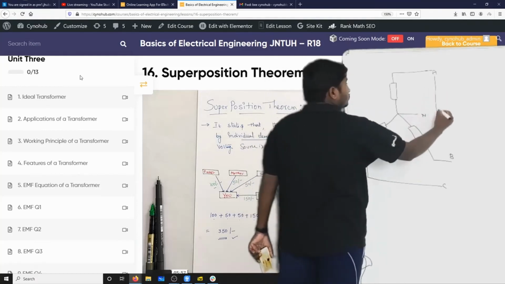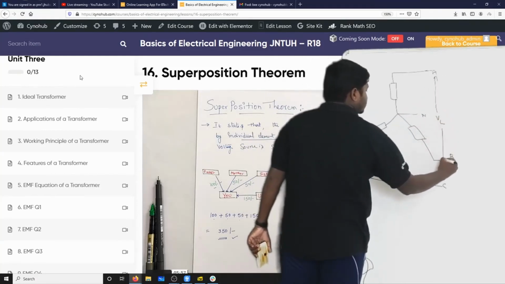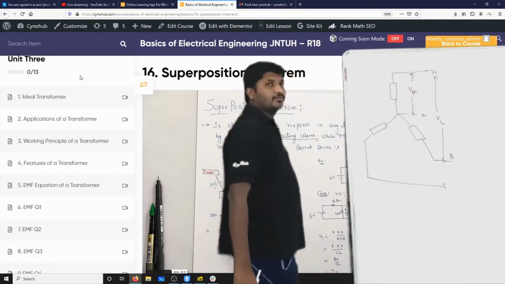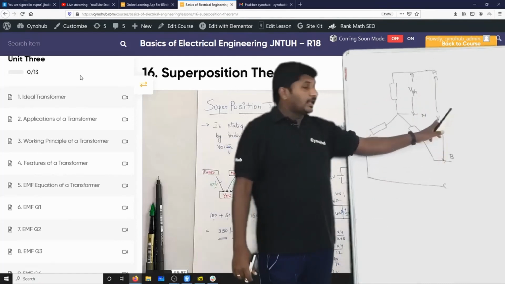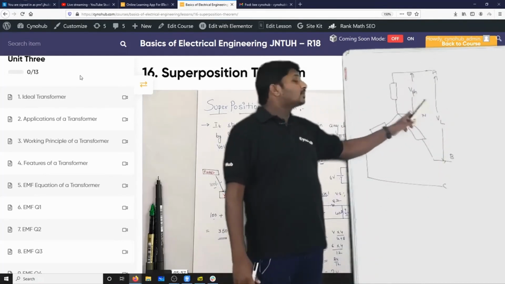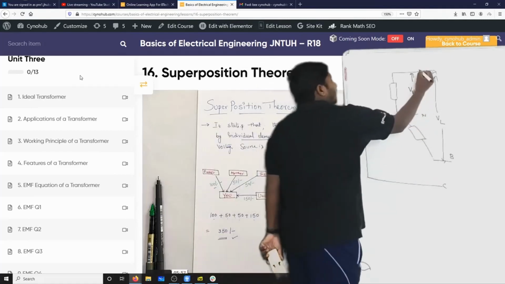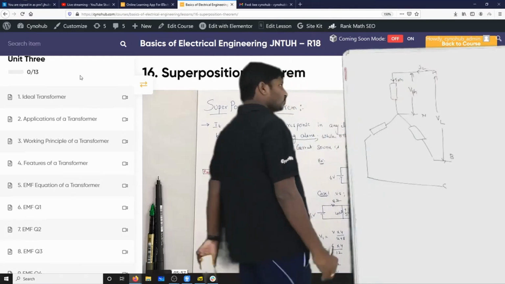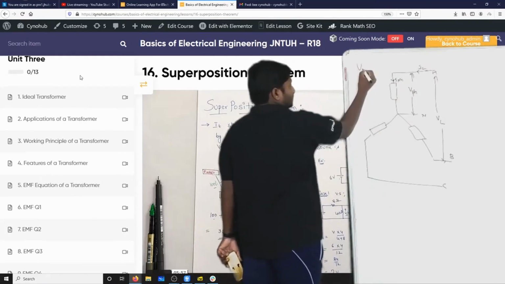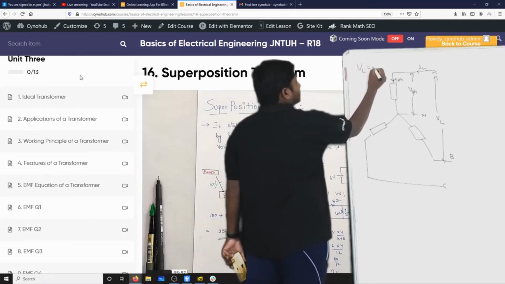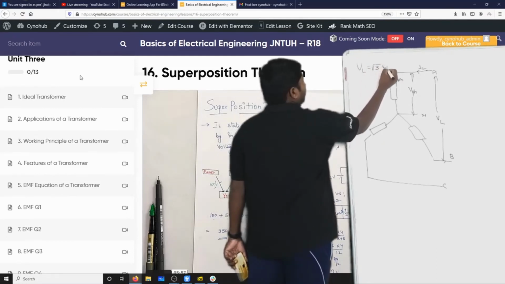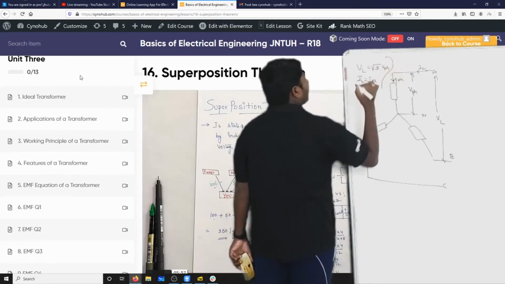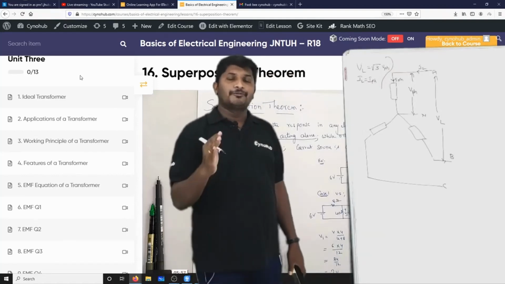Line to line we get line voltage, line to neutral we get phase voltage, and this is the line current and this is the phase current. So in star connection, what are the conclusions? Line voltage is equal to √3 V phase, line current is equal to phase current.